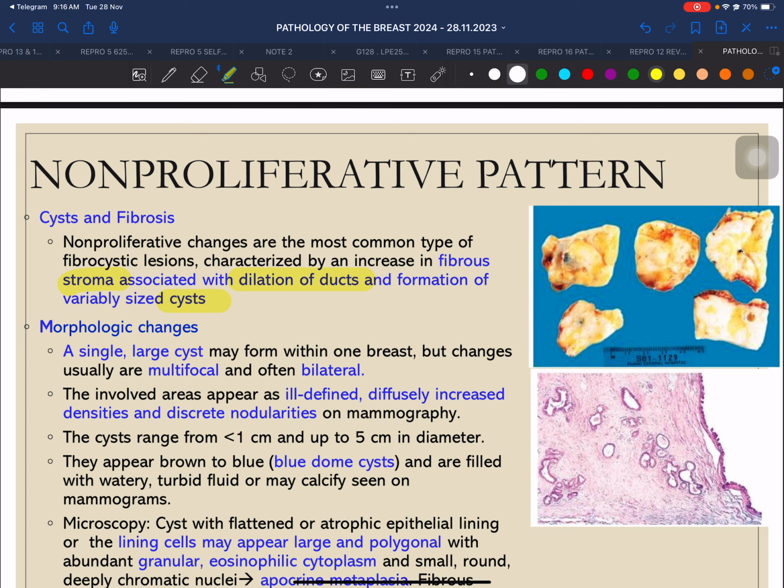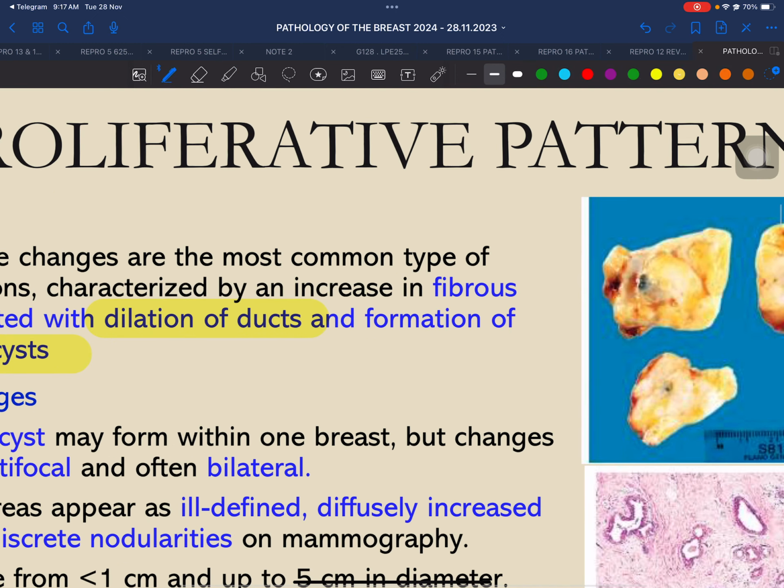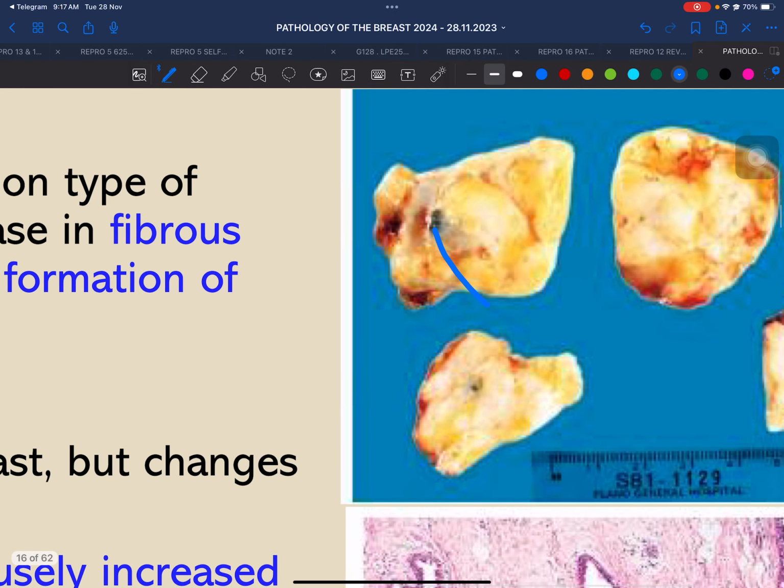The cysts may range from less than 1 cm to 5 cm in diameter, and they appear as brown-blue cysts, blue-dome cysts. So you can see a bit of this bluish tinge on that lesion, and they are filled with watery turbid fluid, and may calcify. That's why they are detected on mammogram.